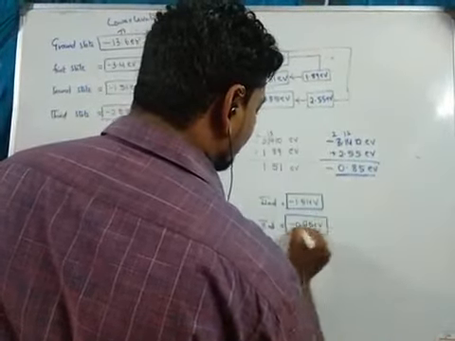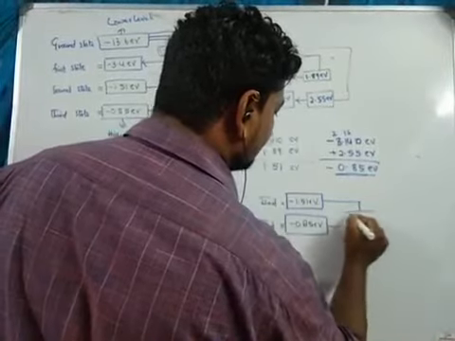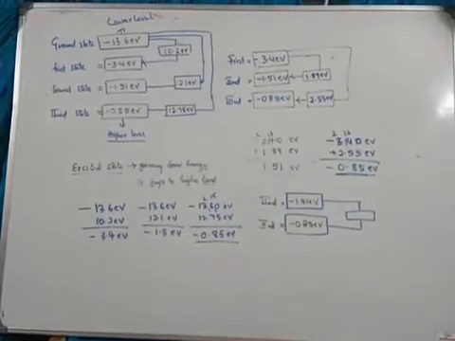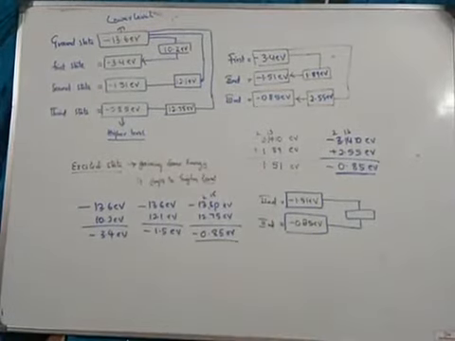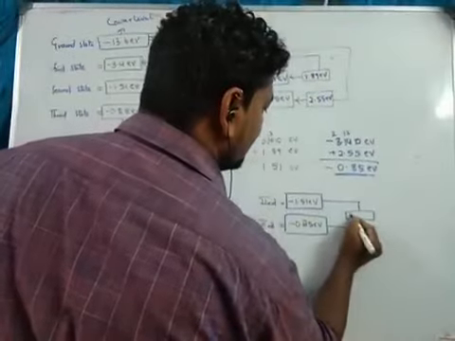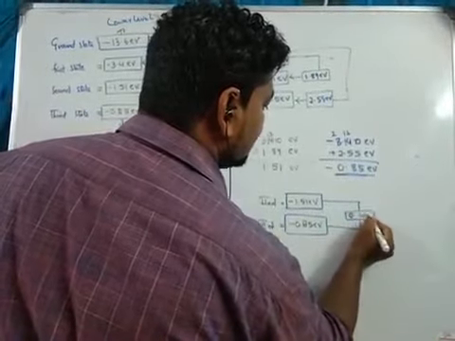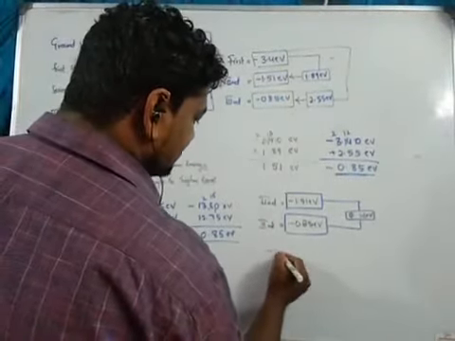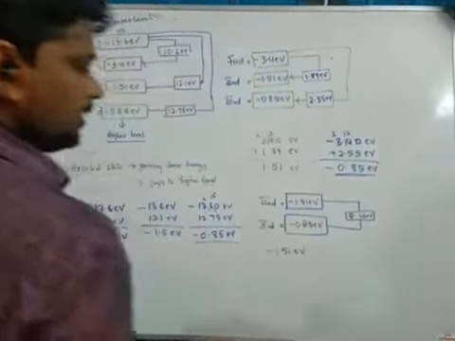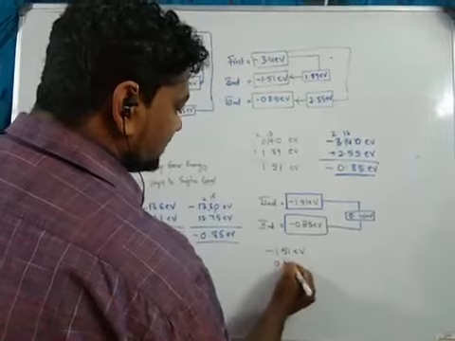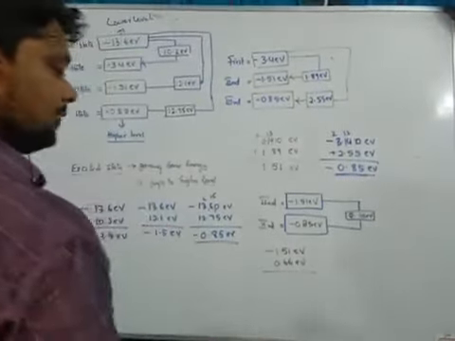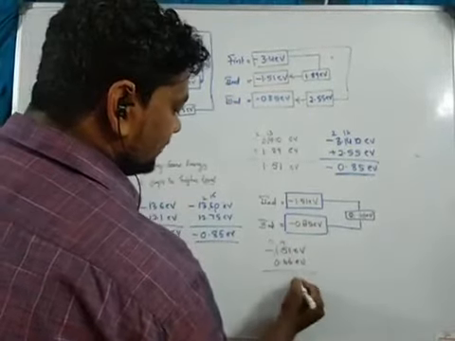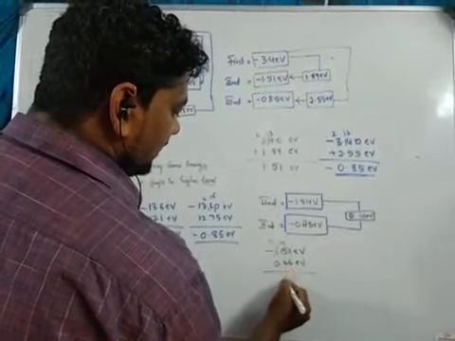Whenever we gain some amount of energy, it goes from the second state to the third state, and here the value is 0.66 electron volts. So we have minus 1.51 electron volts. If it gains 0.66 electron volts, then the value is minus 0.85 electron volts.